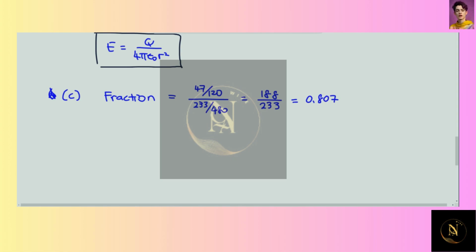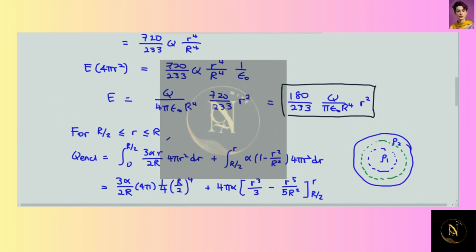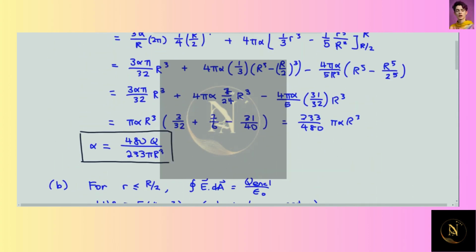Okay, so how do I get this answer? It's actually from part A. If you go back to part A, this term is a contribution from the R over 2 to R, right?